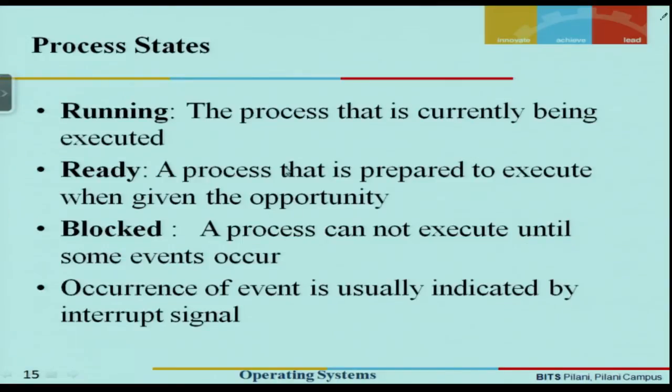So in this three state model, we can see that we have three states. The running state specifies the process that is currently being executed. Ready specifies a set of processes that are in the memory and ready to be executed, and the blocked state signifies a set of processes which are blocked for some kind of service from the operating system or some kind of IO request.